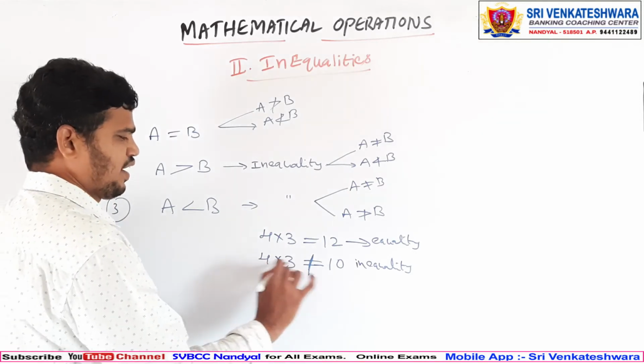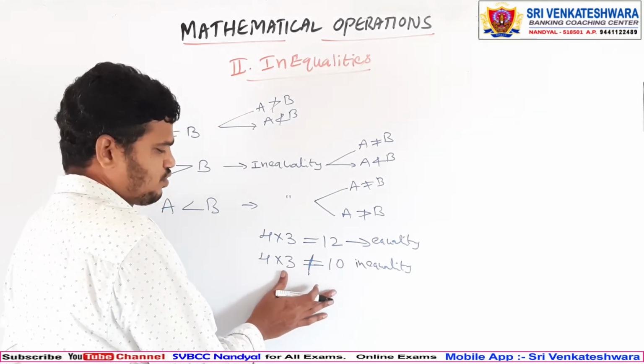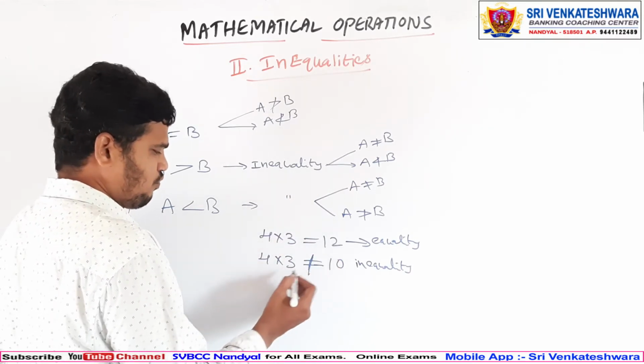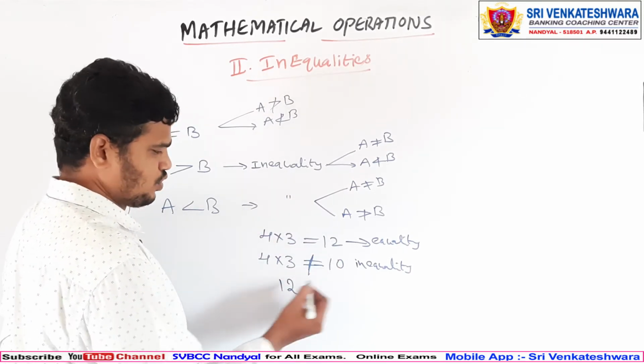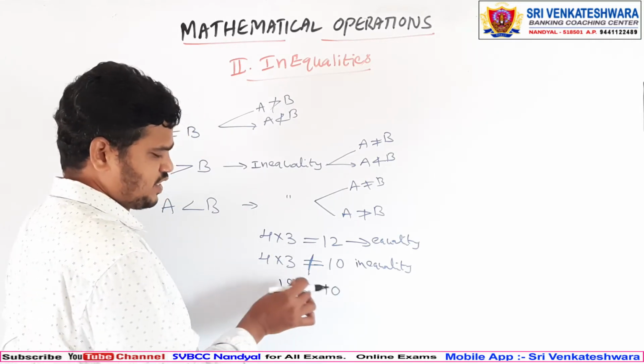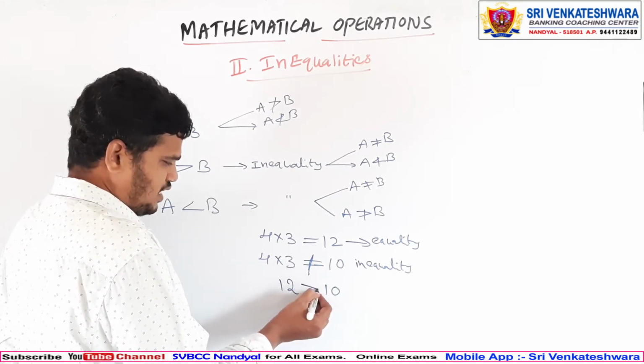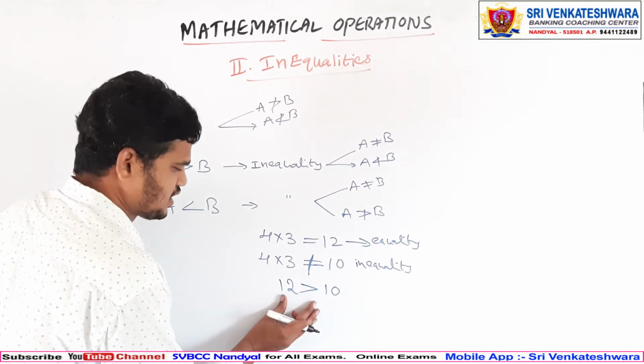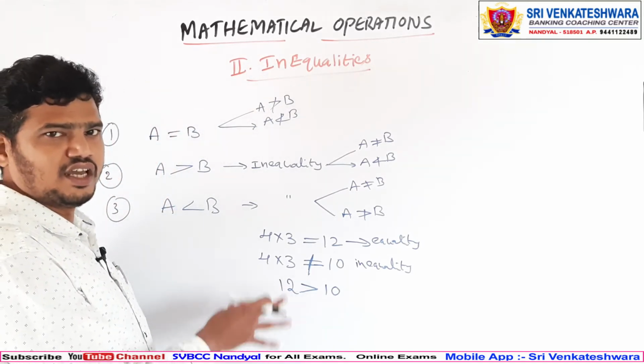So how can we write this expression? 4 into 3 is not equal to 10 means, actually 4 into 3 is equal to 12 and here it is 10. So which symbol do we need to put here? 12 is greater than 10. So this is called an inequality.